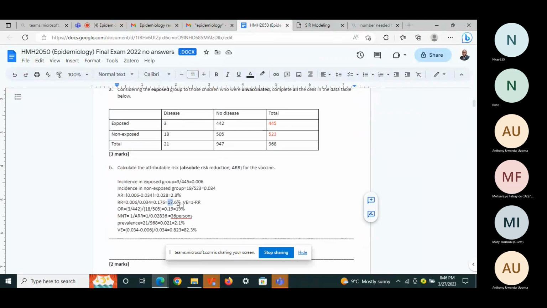You know that when the outcome is rare, the odds ratio approximates the relative risk. So you can read up on the advantages and disadvantages of odds ratio and relative risk.